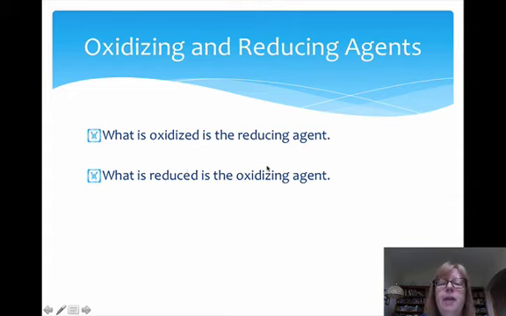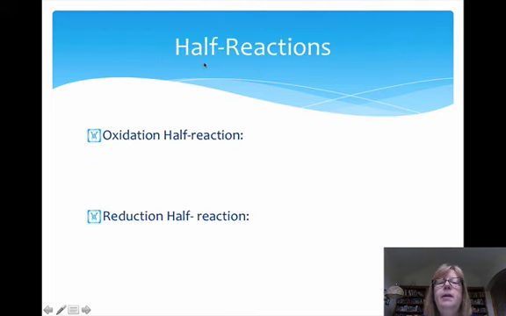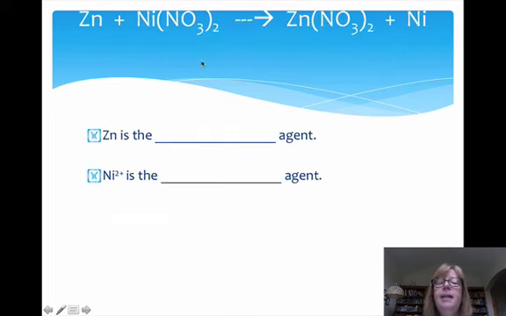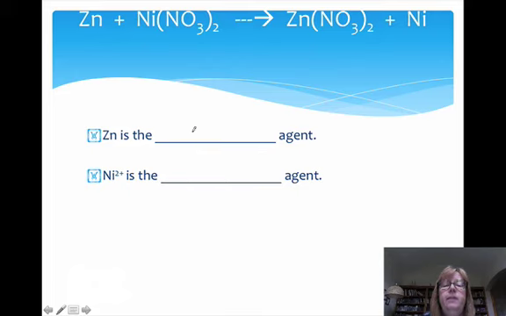Whatever is reduced, the nickel +2 ion, is the oxidizing agent. So zinc was oxidized, so it is, you guessed it, the reducing agent. And nickel 2+ was reduced, so it is the oxidizing agent.